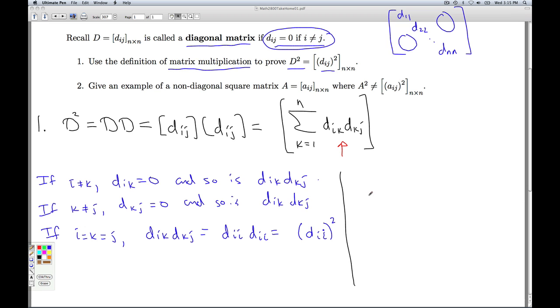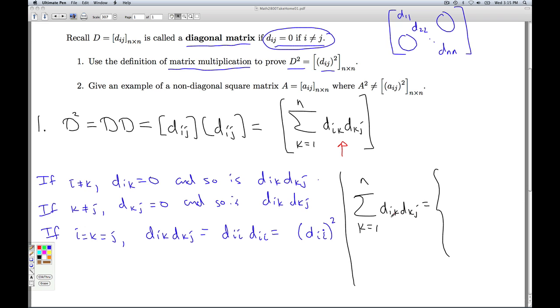Okay, so what does all this mean for this summation? Well, this summation is going to be one of two things. If the i and the j are different, then in d_ik d_kj, one of them is always going to be 0.